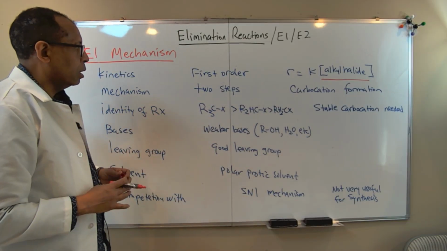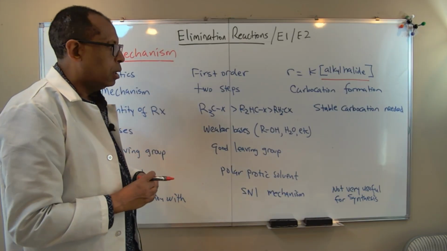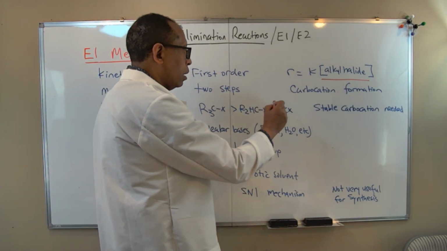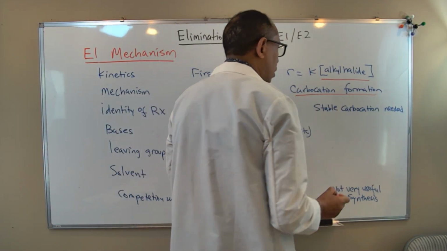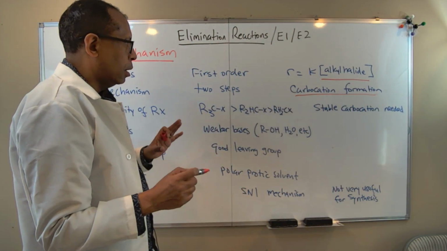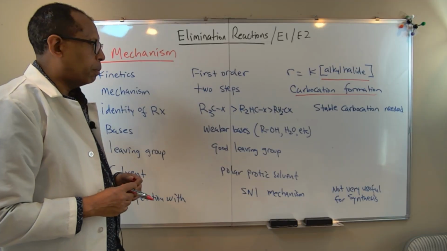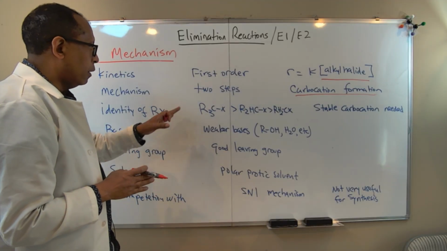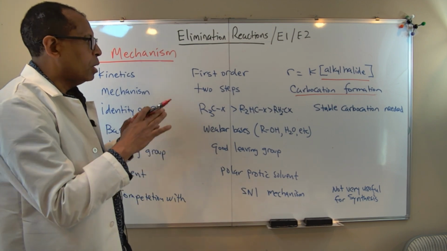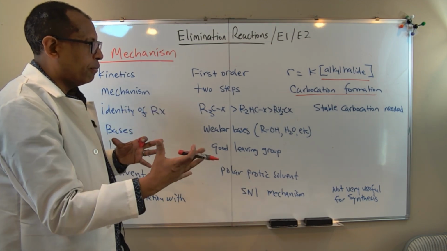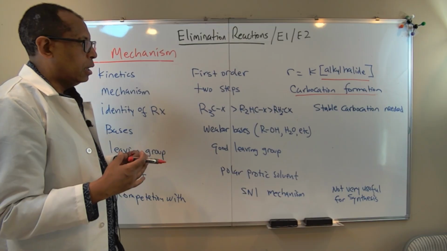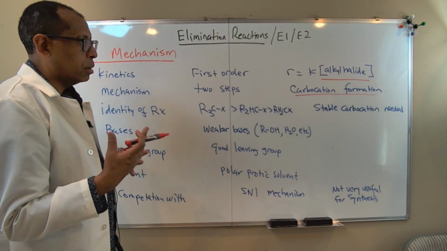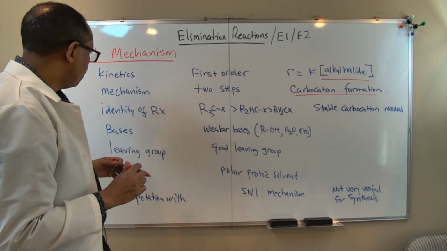As far as the mechanism goes, it's a two-step reaction mechanism. That means a carbocation is formed. The most important, rate-determining step of this reaction is the carbocation formation. It is a two-step reaction: first the carbocation is formed, then the elimination of the beta hydrogen continues in the second step.